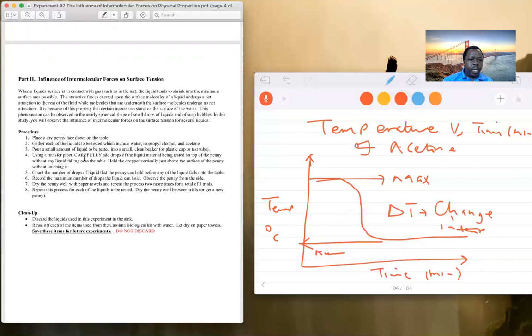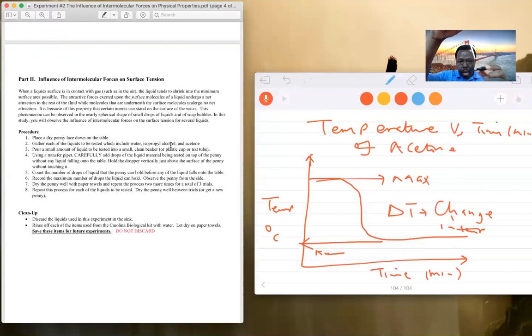You'll gather what you need, isopropyl, water, and acetone, and you're going to add it drop by drop using the droppers. You may not see from there, but this is the dropper.